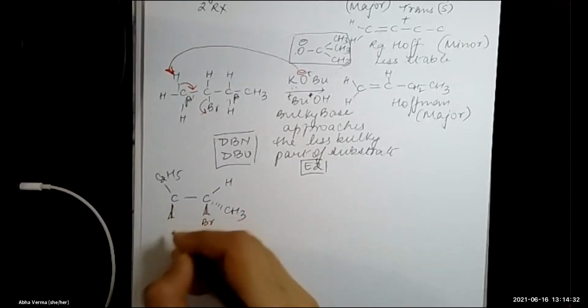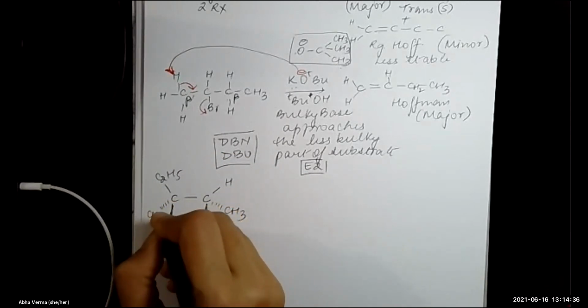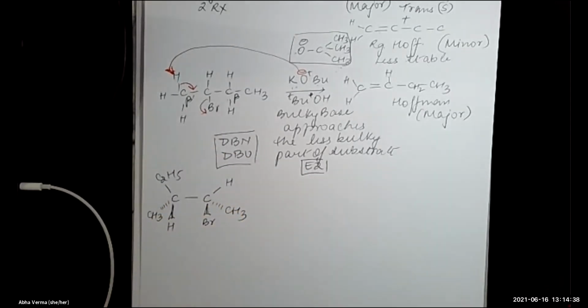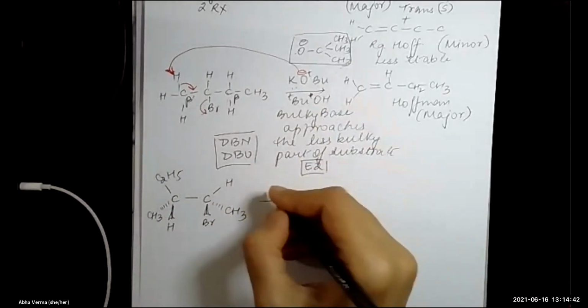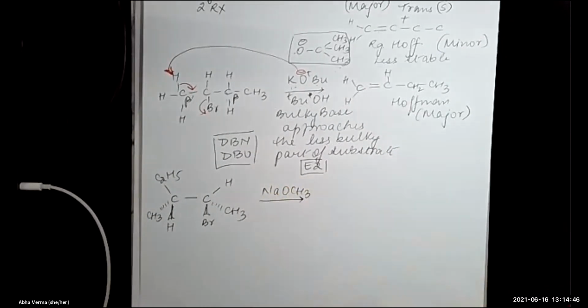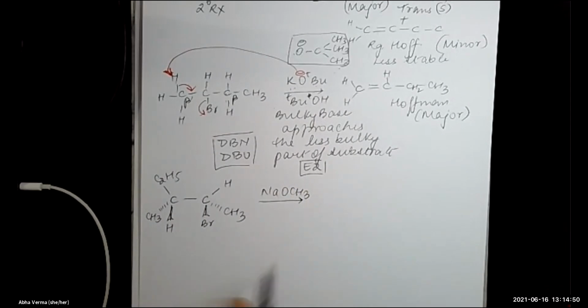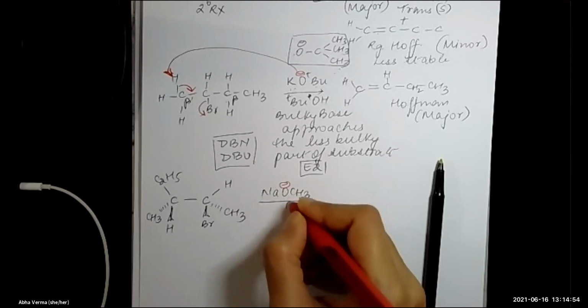I'm just using bromine because it's easy. Let's say I have a structure like this, and I have my sodium methoxide. I have to identify that this is a base, a strong base.